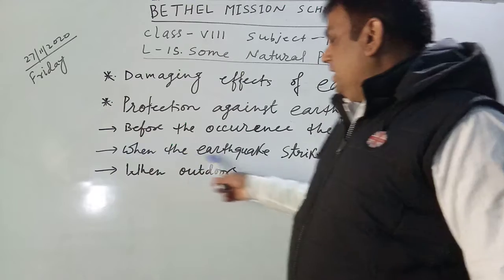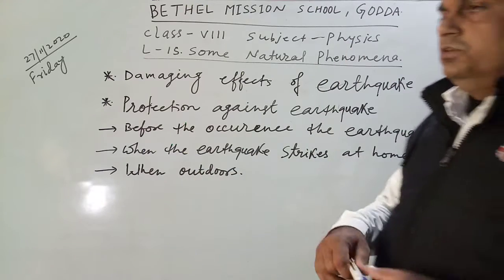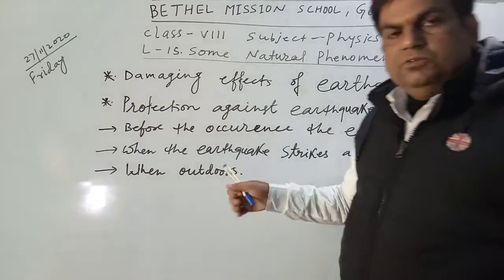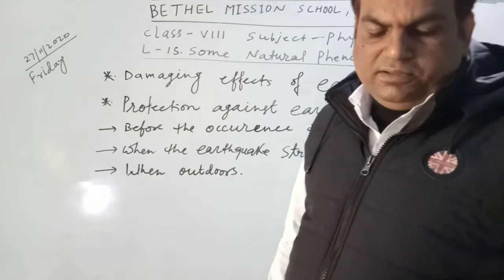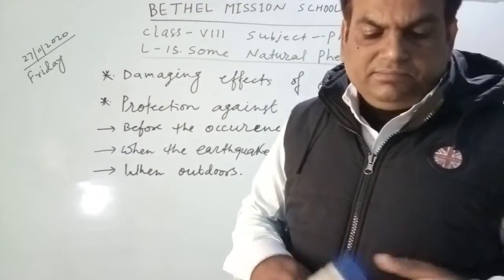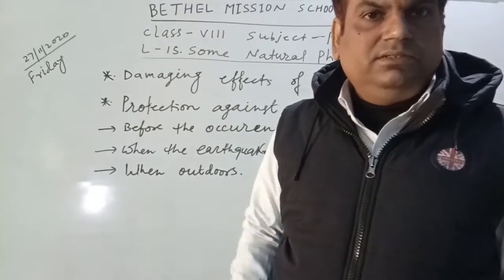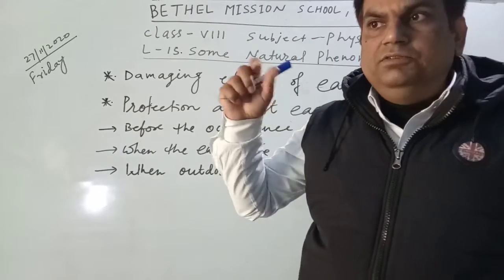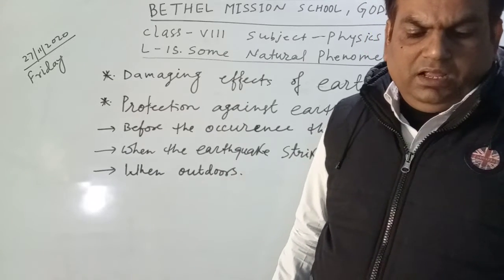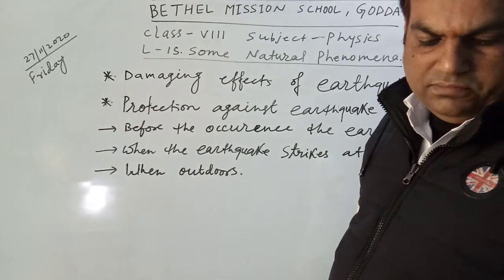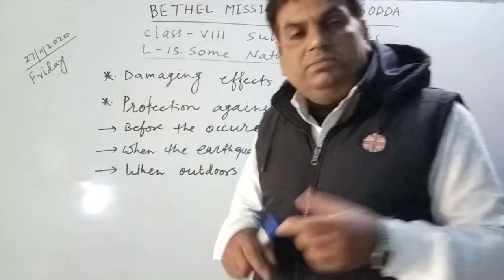Now, when we are inside during an earthquake, which kind of protection should we take? We should take shelter under the bed, or cover our head with a pillow. We should avoid very tall objects.